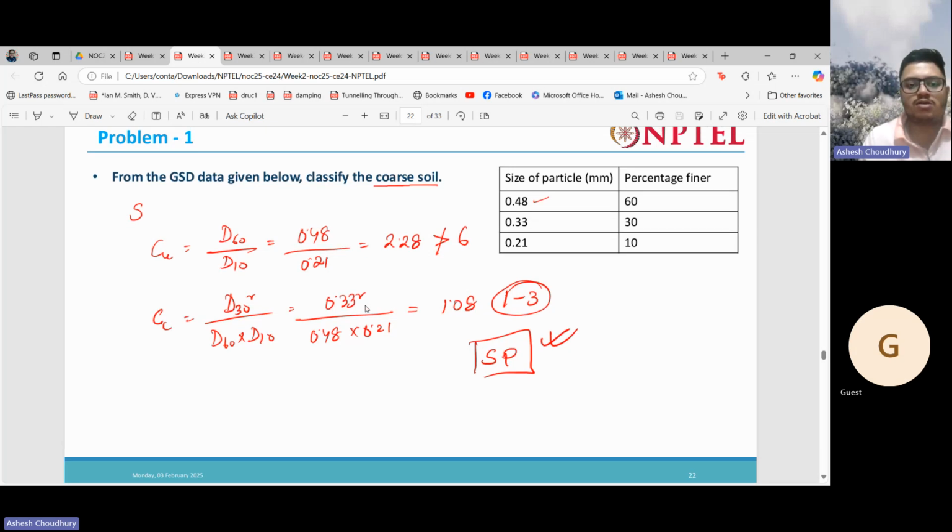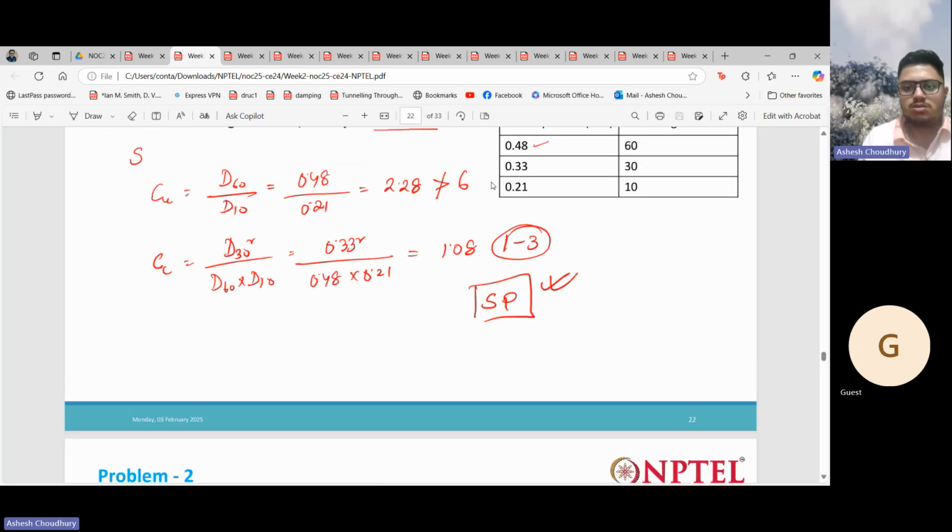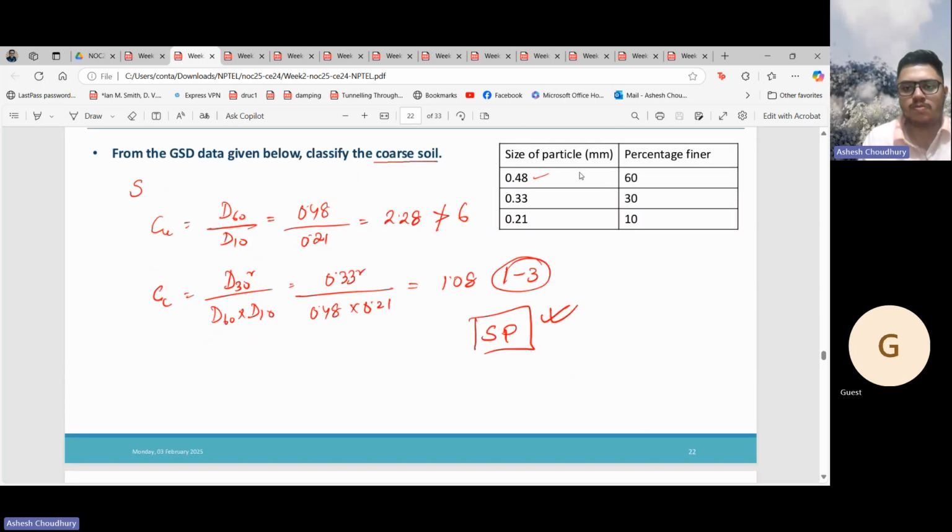Then we solved some problems where grain size distribution data was given and you had to classify the soil. This was particularly easy because it was directly given. You just have to see how much is passing: more than 50% is smaller than 4.75 mm, so it's definitely a sand.